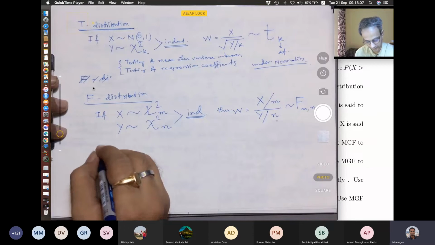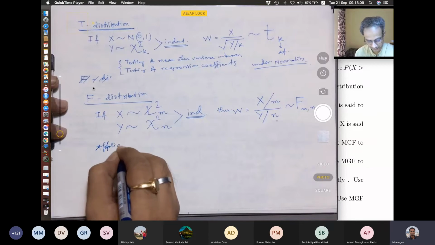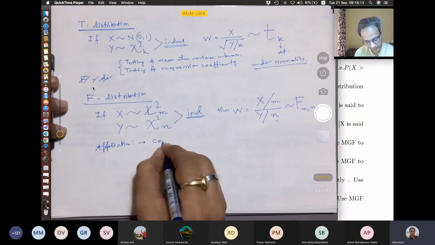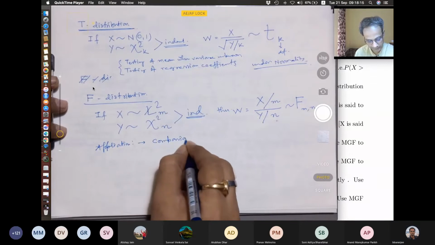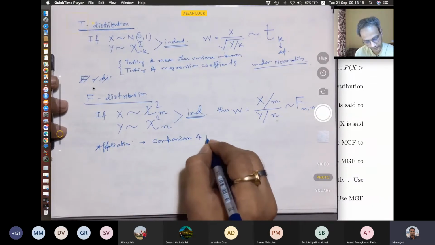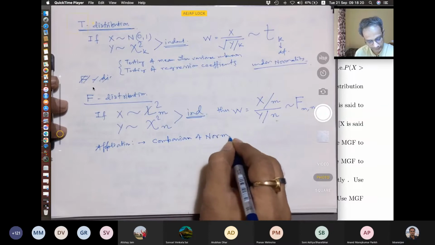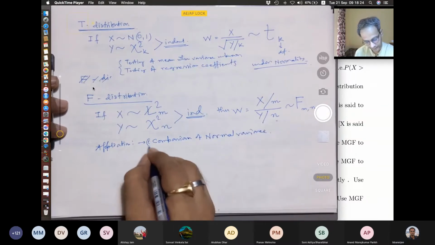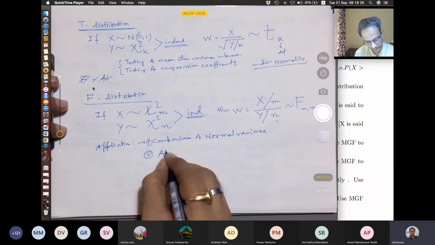The application is the comparison of normal variances, ANOVA, analysis of variance.